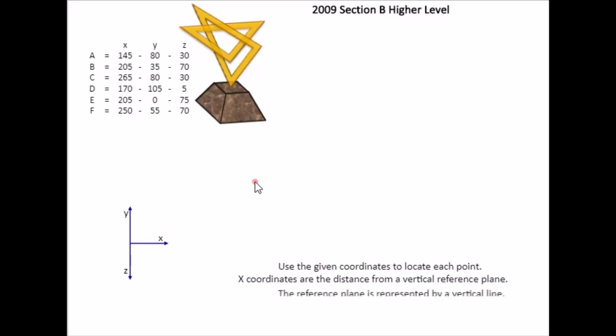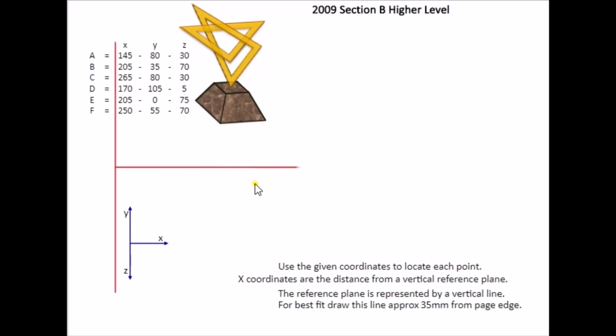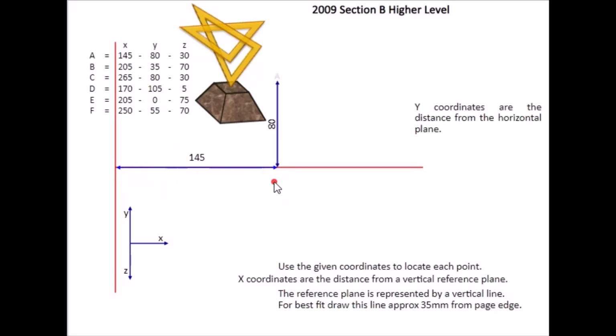When we want to measure this on an XY line, we start off somewhere on the page. This red line here is our reference point, and the red line going across is our XY line as we know it in orthographic projection. From this point we measure across 145, then up 80, and that's point A in elevation, and then we measure down 30 in plan, and that gives us our point in plan.